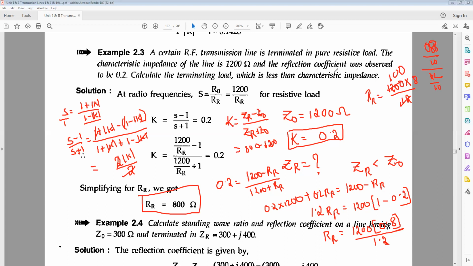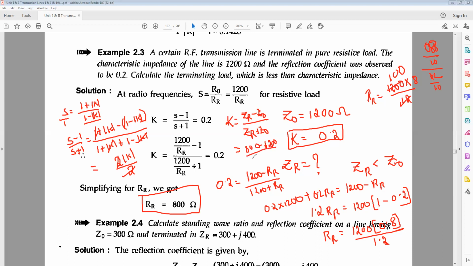The characteristic impedance is 1200, and the terminating load is less than the characteristic impedance.